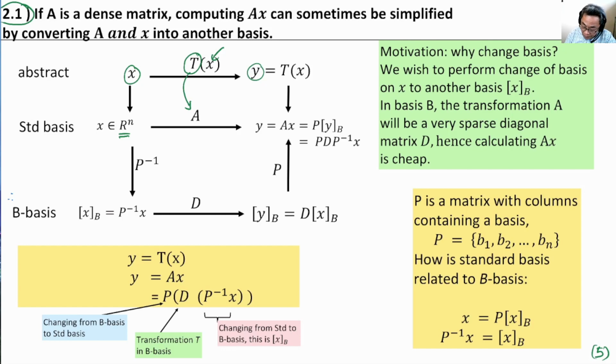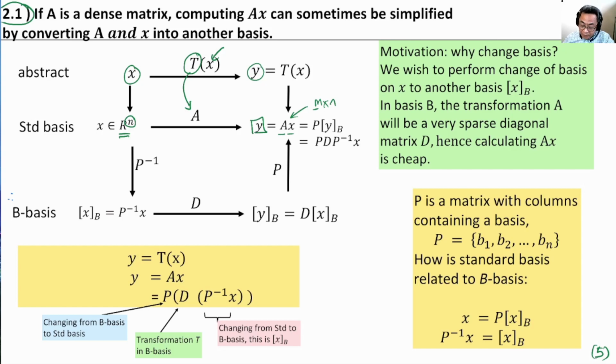The output y is equal to Ax, where A is an m by n matrix, the input is in Rn space, and the output is in Rm. In this view, transformation is simply a matrix-vector operation, A times x.